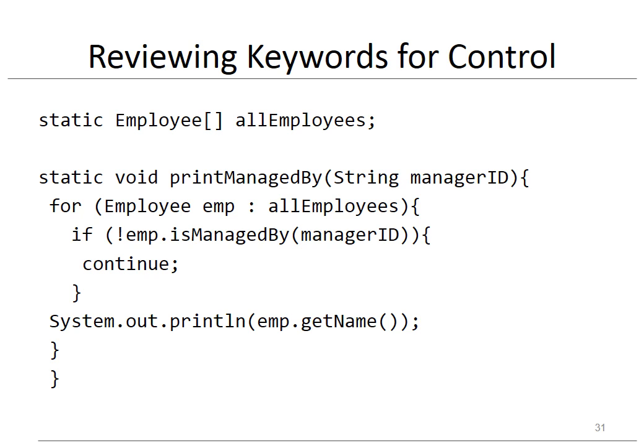The method printManagedBy will loop through all employee objects. If the current employee is not managed by the ID specified, the current iteration will stop and the next employee will be checked. If the current employee is managed by the ID, the loop will continue to the print statement before proceeding to the next iteration.